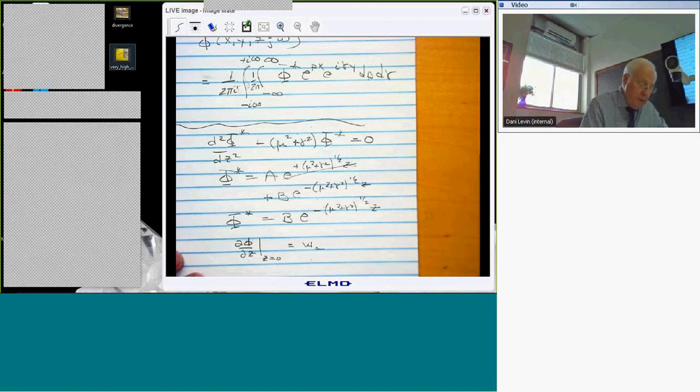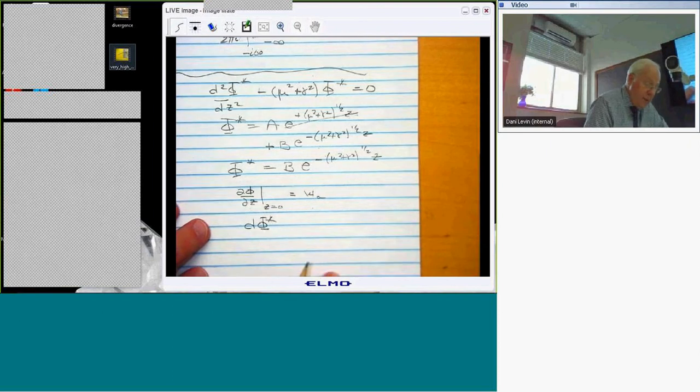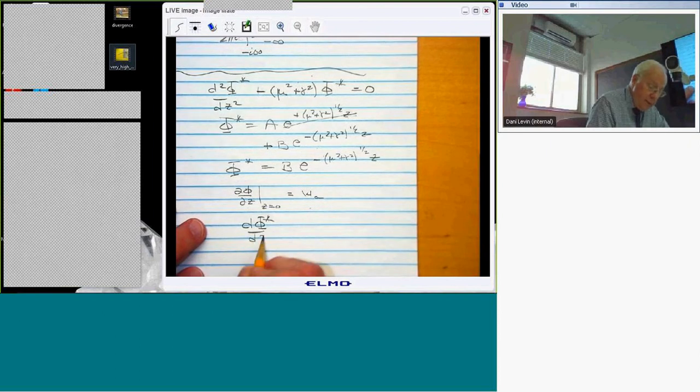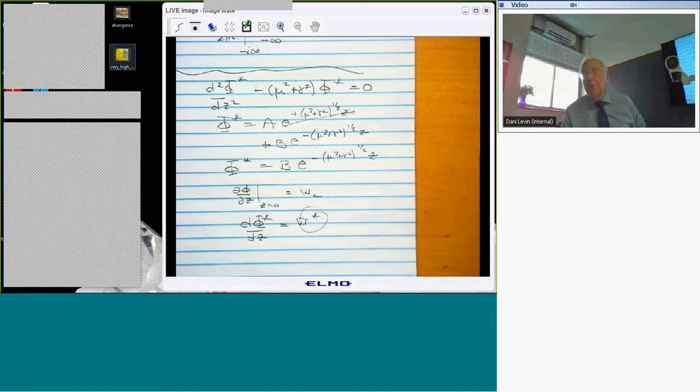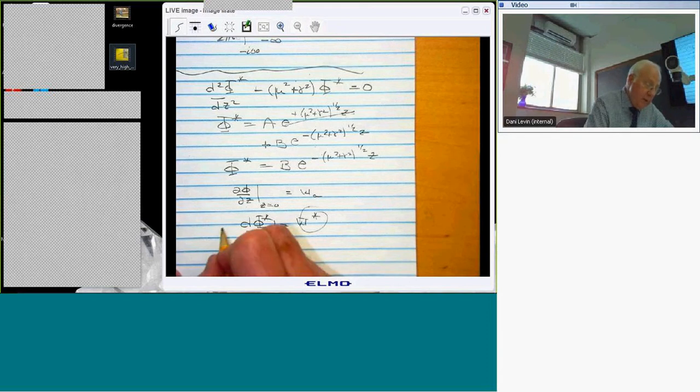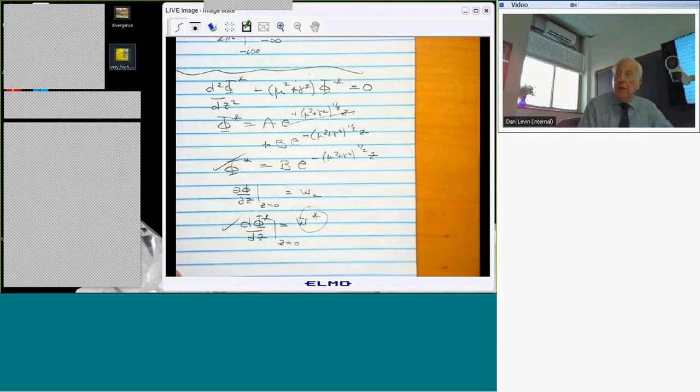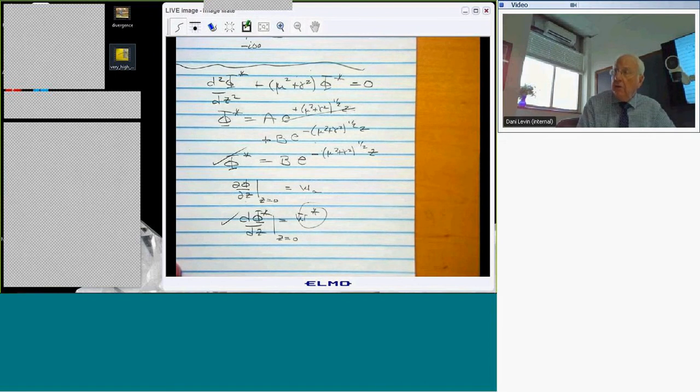So this will become d phi star dz equals capital W star, this is the double Fourier transform, Laplace transform, and also simple harmonic motion. So I use this boundary condition and this solution, and I can determine B, just as I did before, right? I won't go through the details of that.